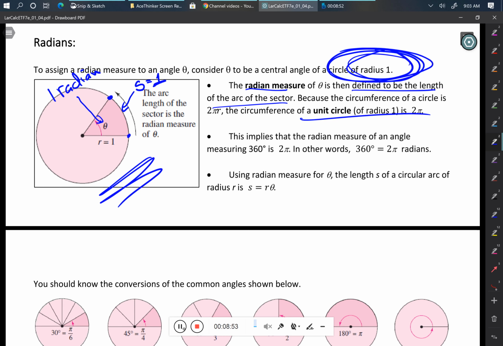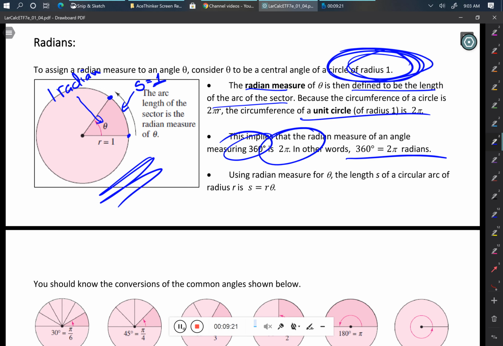Okay? So what we used to call 360, we're now going to call 2 pi, or 360 degrees is equal to 2 pi radians. And then, of course, there's all those other conversions that come with that. If 360 is 2 pi, then 180 is pi, then 90 is pi over 2, 45 is pi over 4, 60 is pi over 3, 30 is pi over 6, 15 is pi over 12, and then everything that goes with those guys.